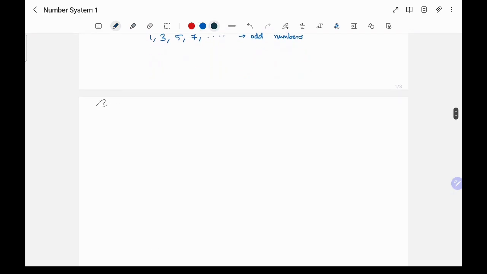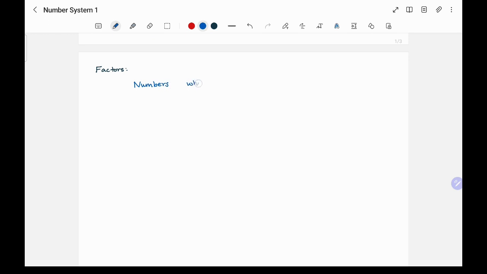So next we will see what are factors. So factors are numbers which can divide a given number exactly. So let's take for example the number 28.